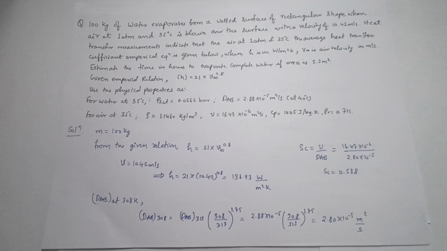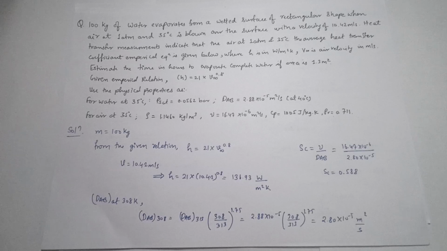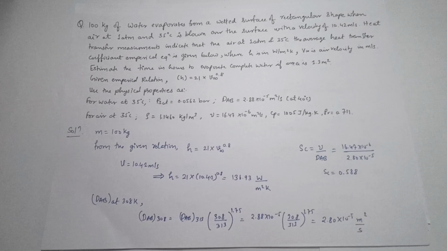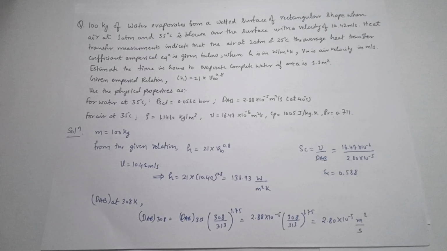Since 35 degrees Celsius is 308 Kelvin and 40 degrees Celsius is 313 Kelvin, we substitute them in the equation as shown on the page. The value of DAB has been calculated to be 2.80 into 10 to the power minus 5 meter square per second.